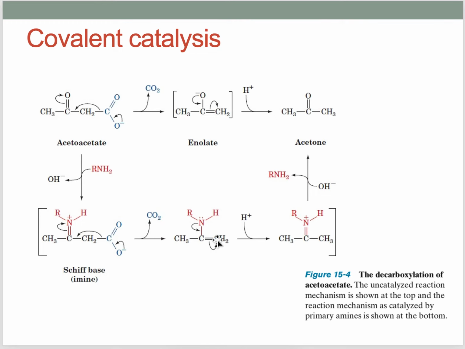Okay, so because of that, now it can bind with a proton ion, and this transient structure will be formed, and eventually a hydroxyl ion from the reaction environment will react with this part of the enzyme, and they will get detached from this structure, and that means the enzyme is now released from the structure, and they will become acetone.